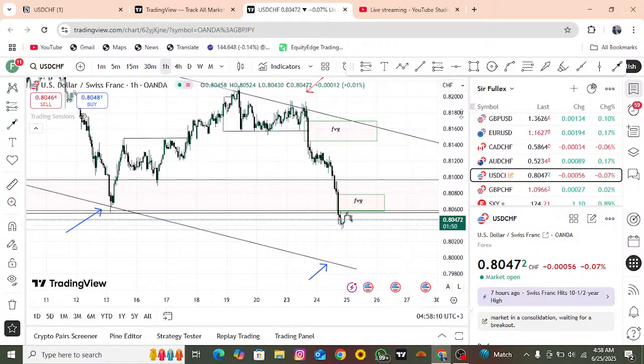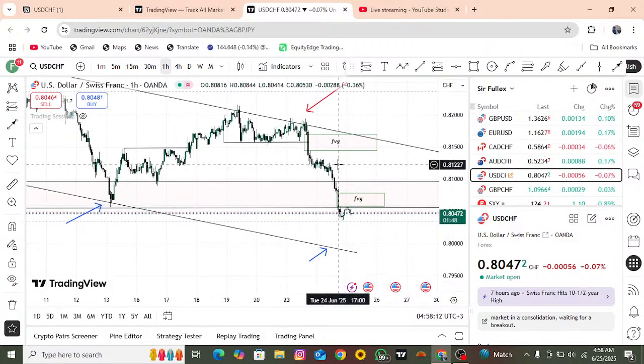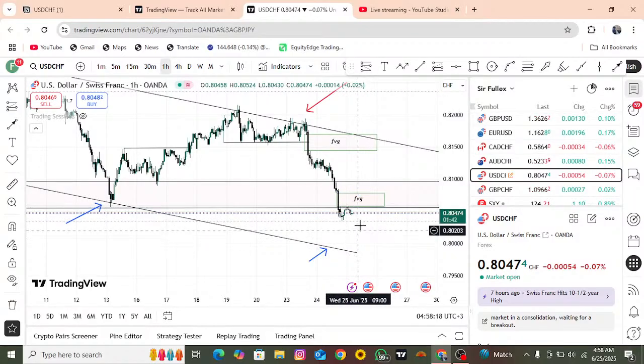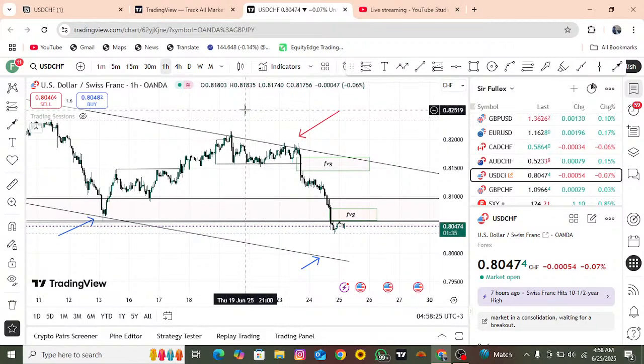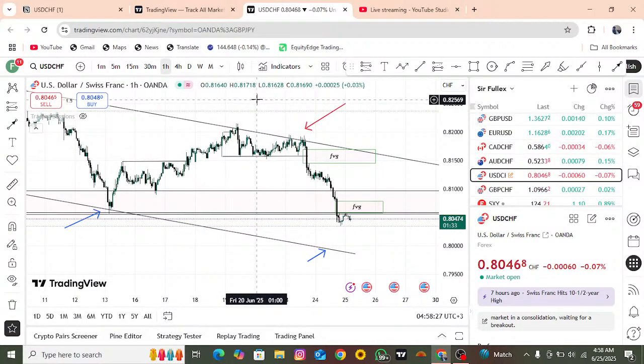So my soul will be very happy to see price come down here before tapping into this, because that will give us very nice opportunities to react from these zones. Meanwhile, what do we do? We just wait.